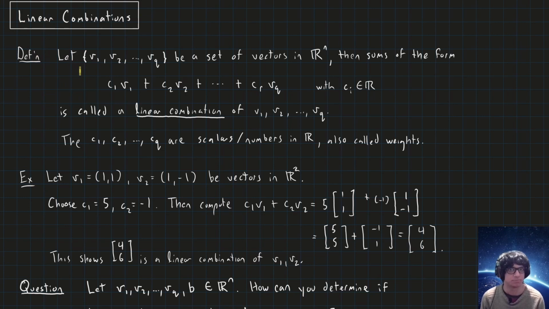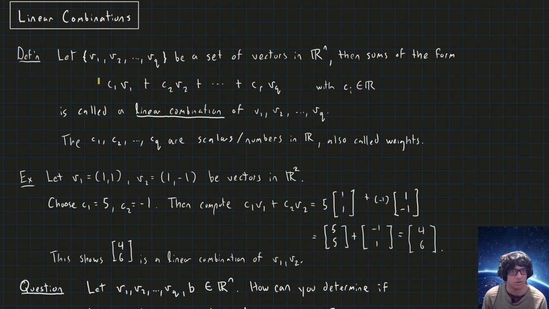The definition. Suppose we have q many vectors in Rn. Label them v1 through vq. A linear combination of these vectors is a sum that looks like this. We choose some scaling factors in R, so real numbers.